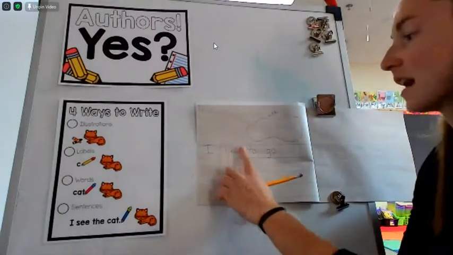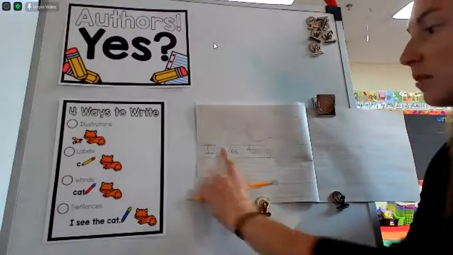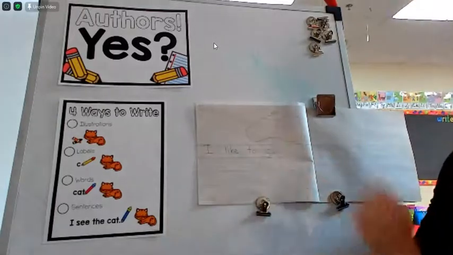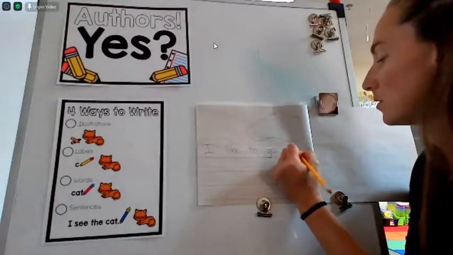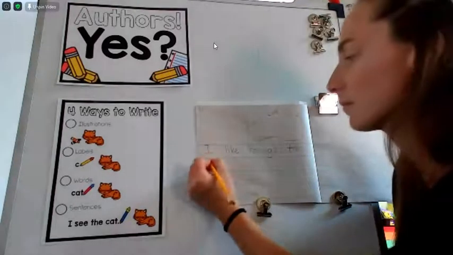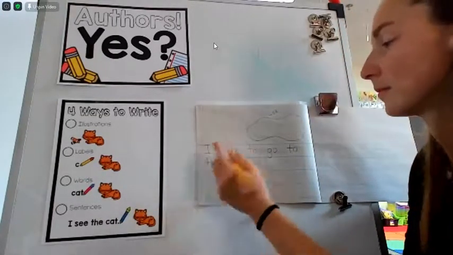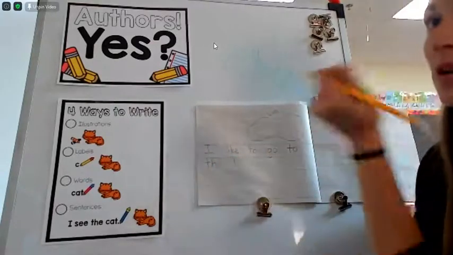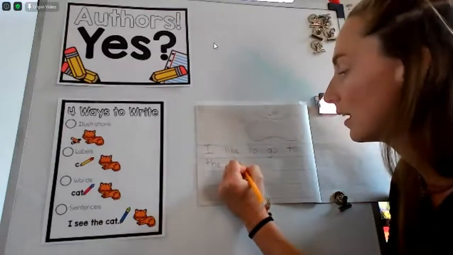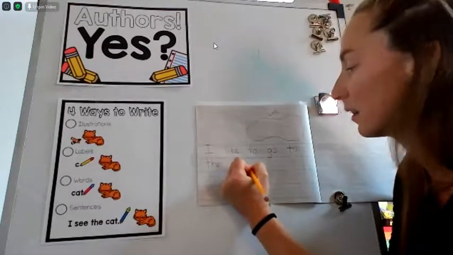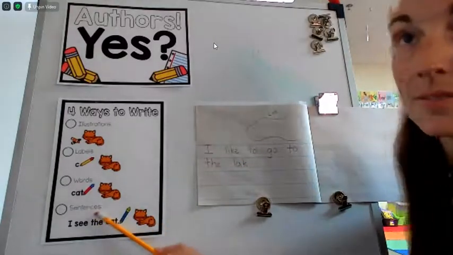And what I'm noticing is that I remember that I need to make sure that I keep my finger spaces. So if you check your work, do you want to make sure that you have your finger spaces as well? I like to go to the lake. And if I'm not quite sure how to spell lake, I can just do my best to use my sounds. Lake.